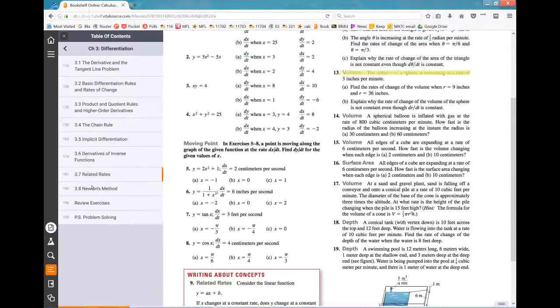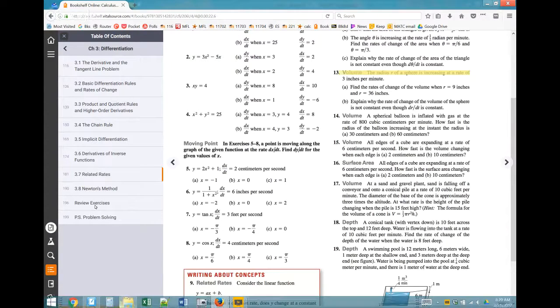If I call surface area S, they're asking you to find dS dt. And once again, they give you two parts: when an edge is 2, when an edge is 10. I'm going to do part A, when the edge is 2 centimeters long. So they're giving you E is 2, and they're asking you to find dS dt.